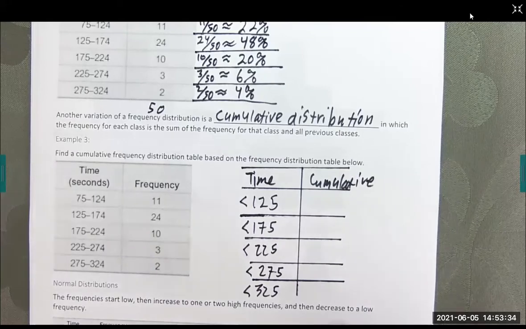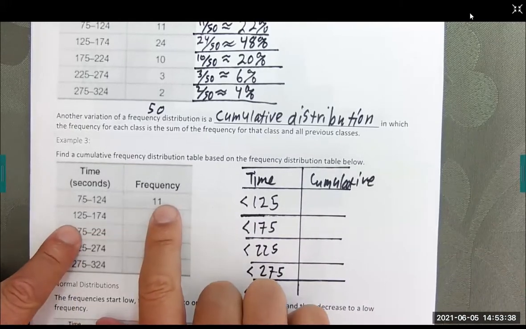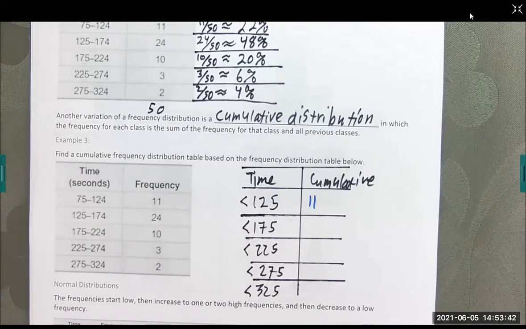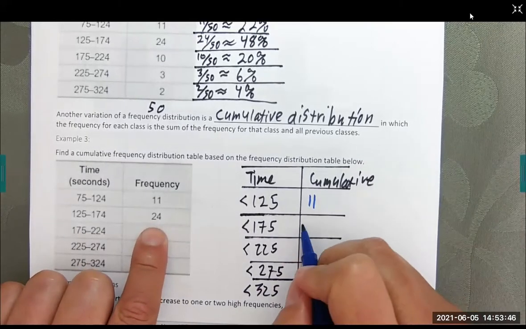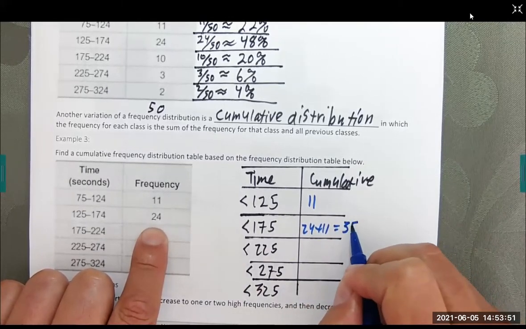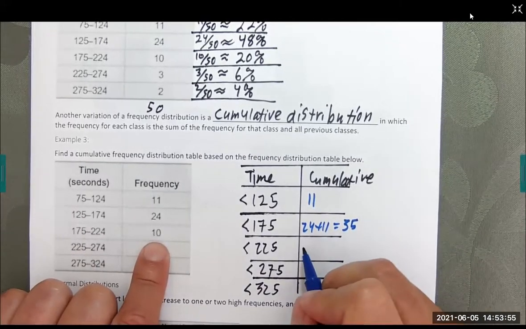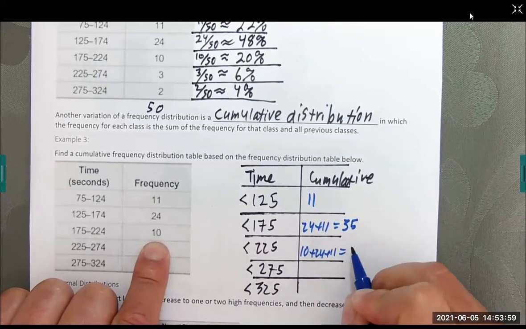So how many of them are less than 125? Well, 11 of them are less than. So this is 11. How many are less than 175? Well, that's going to be 24 plus 11, which is 35. Less than 225, that's going to be 10 plus 24 plus 11, which is 45.